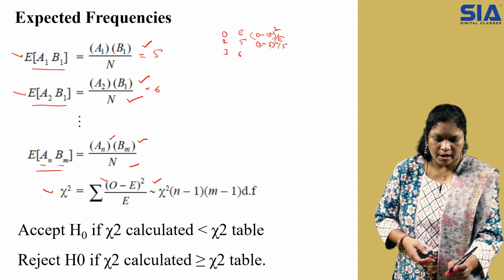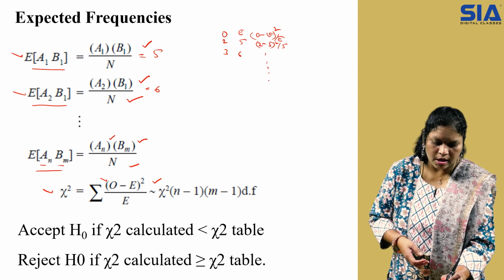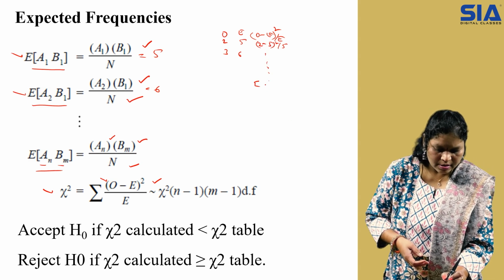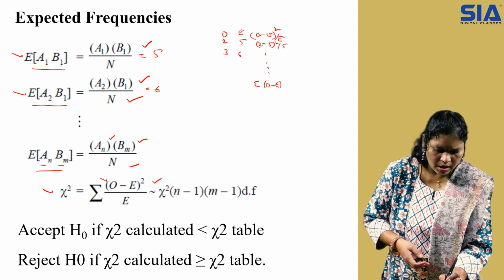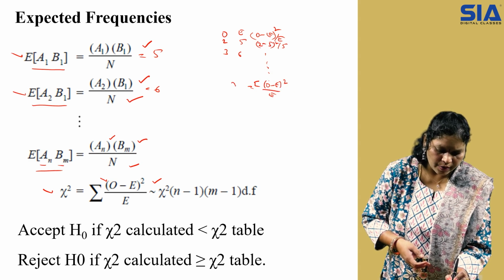Like that, the second value, third value, and so on up to the last value, you get the summation of O minus E whole square by E, which is your chi-square formula.